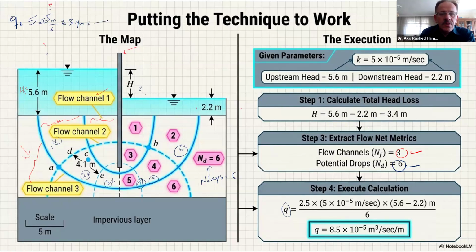That's times the number of the flow channels that we have, 3, divided by the number of the drops that we have, 1, 2, 3, 4, 5, 6. And this will give us the flow. Can you calculate that for me? Anybody? That's 3.4 delta H, K.